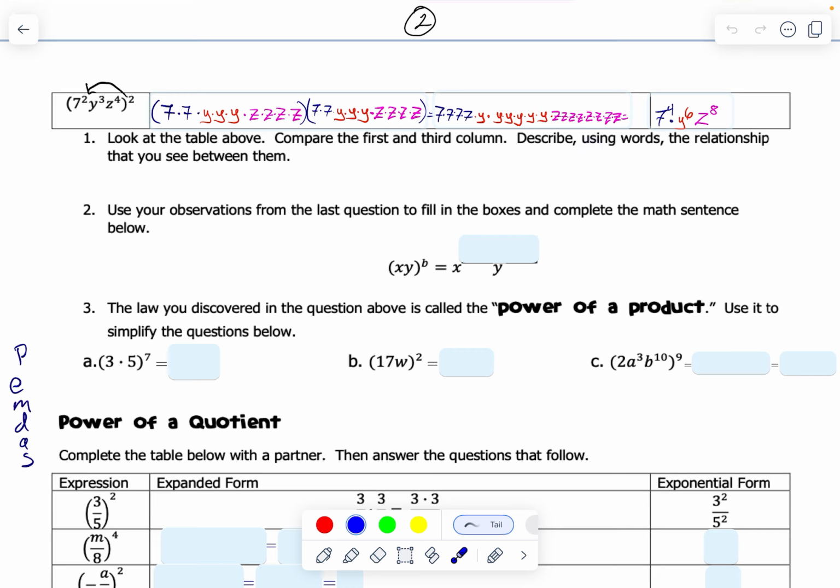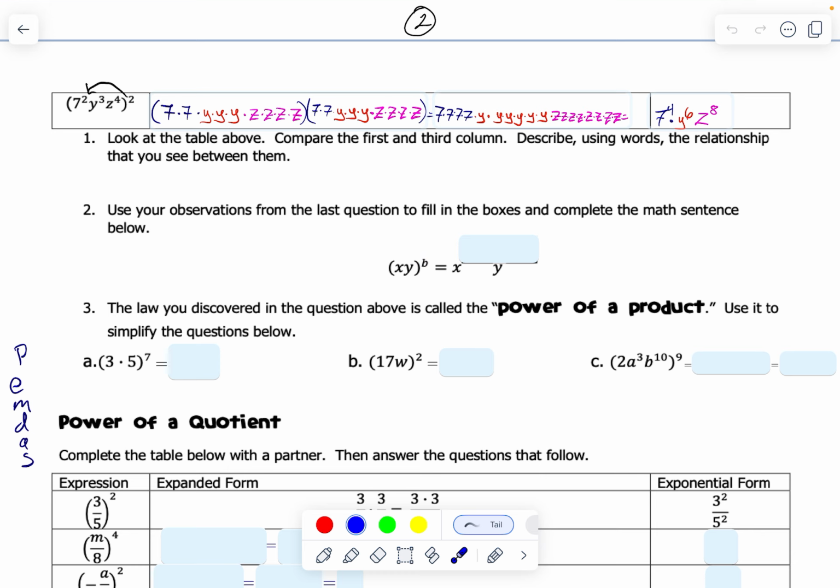So take a moment, pause the video, and write down what's the rule that describes what's happening here. Okay, and so what we can see is happening here is that this exponent can effectively be distributed as long as these things are being multiplied together.